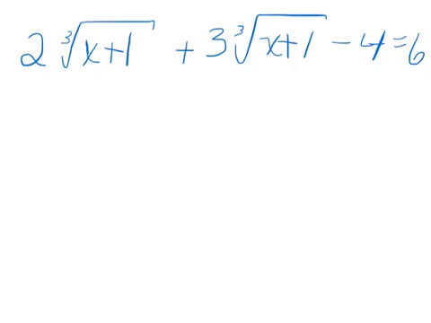If this was a cube root and this was a square root or a 4th root, again, you cannot use U substitution. U substitution is very useful when the same radical occurs in the problem in several different locations. So because this is the same as this, it is very useful to use U substitution. Do you understand what I'm saying?